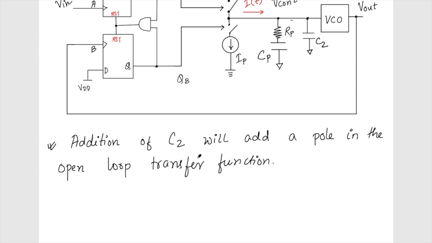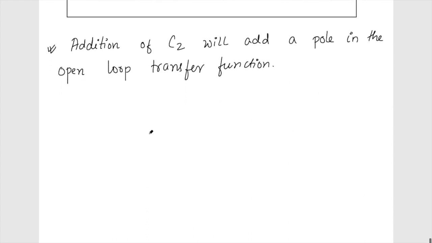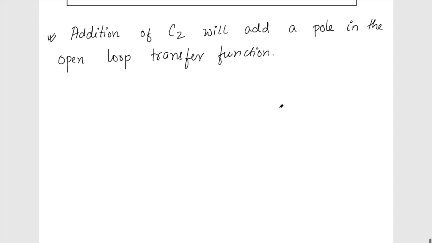So the addition of C2 will add a pole in the open loop transfer function, and let's see what happens because of that.